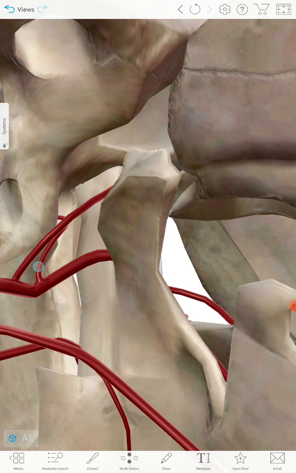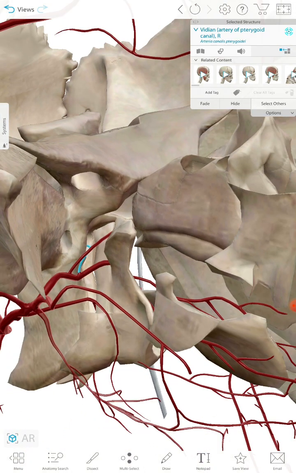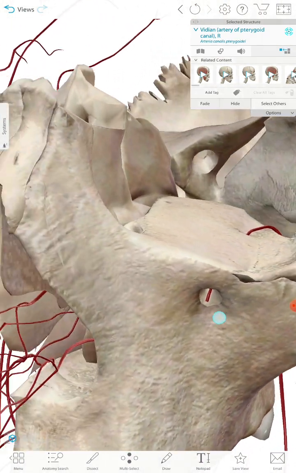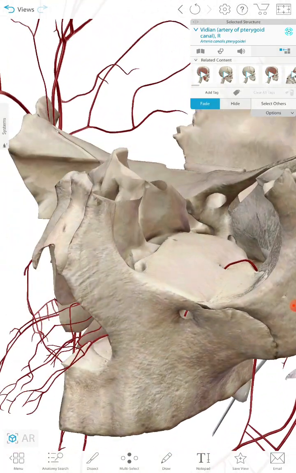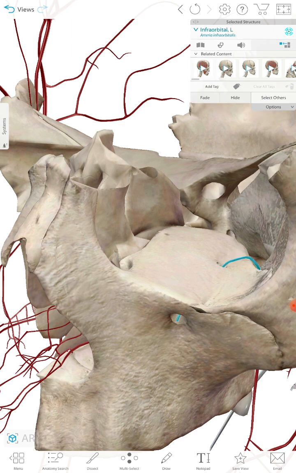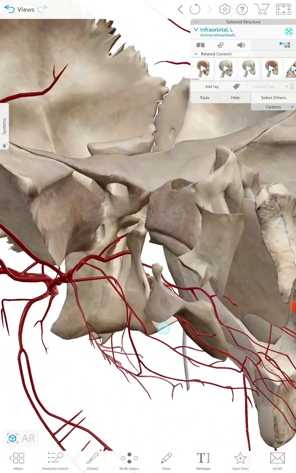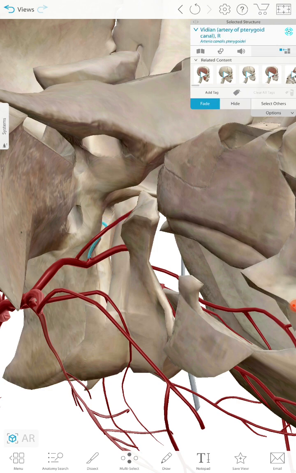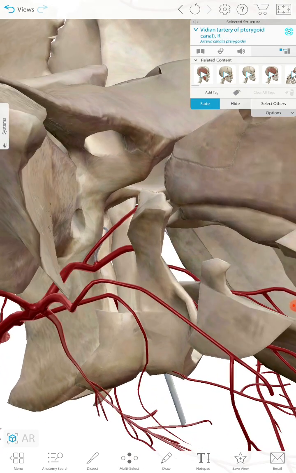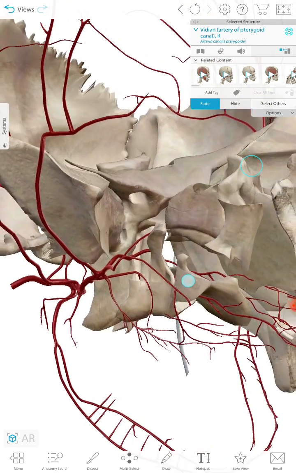So let me find the infraorbital artery. So this here is the infraorbital artery, with which we finish off the branches of the maxillary artery.